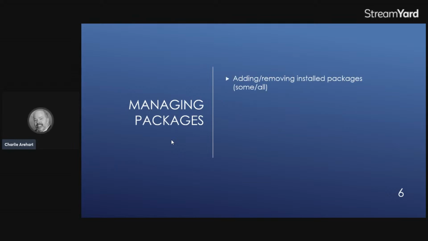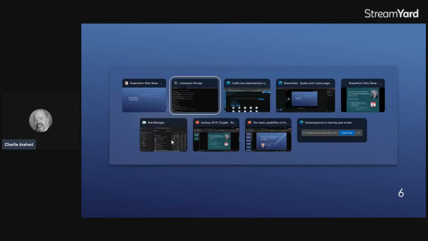Well, we've seen that in my case, there were 2 packages that I don't currently have installed. I could install those packages from the command line, and notice I can add or remove. So add packages or remove installed packages, and I can either do that to some or to all. And so there's an install and an uninstall command in the CFPM.